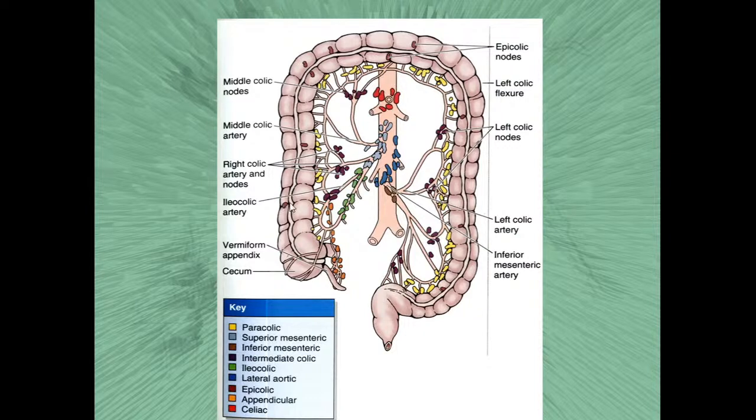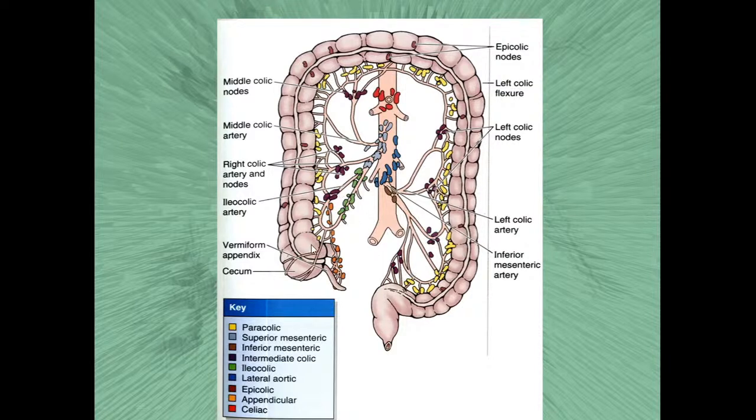The first group of lymph nodes sits directly at the wall of the large intestine and is represented by the epicolic lymphatic nodes. The second group is located in the place where vessels enter the walls of the large intestine and is represented by the paracolic lymphatic nodes, yellowish on this diagram.